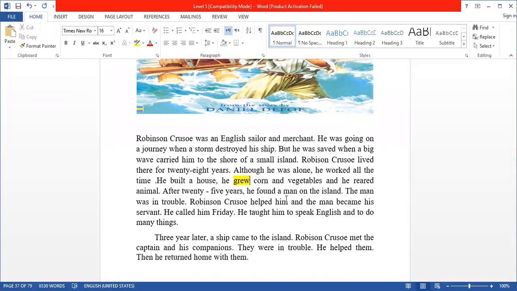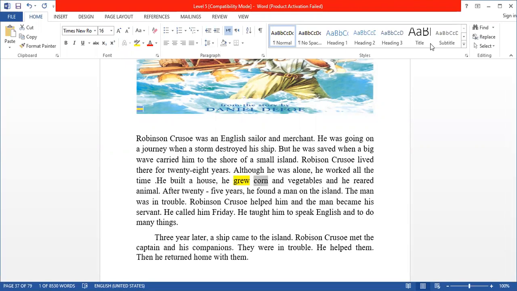Corn, he grew corn. Corn here means any plant that is grown for its grain. Grain معنى الحبوب, such as wheat and so on. Corn, اللي هو الذرة.